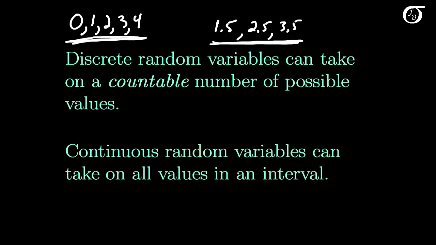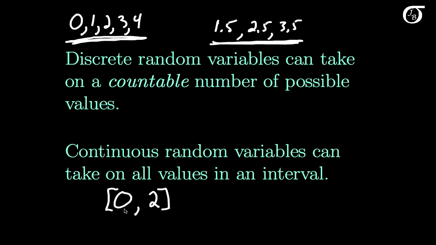Continuous random variables, on the other hand, can take on all values in an interval. So suppose we had some container that had a maximum capacity of 2 liters, and we put that in our backyard, and we intended on coming out in a couple of weeks and seeing how much water was in there. Well, the amount of water in that container is going to be a random variable that can take on any value between 0 and 2, so any value in the interval 0 to 2 liters.